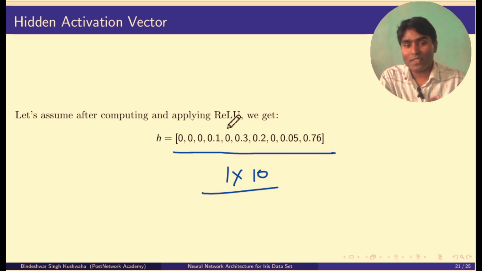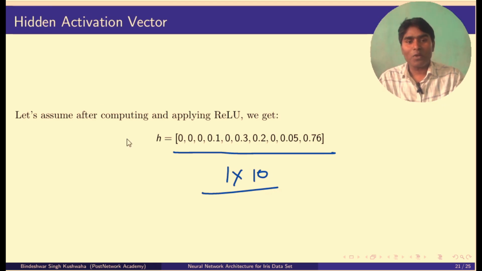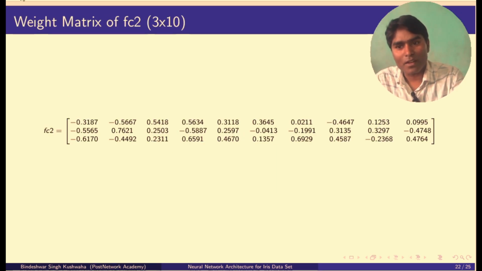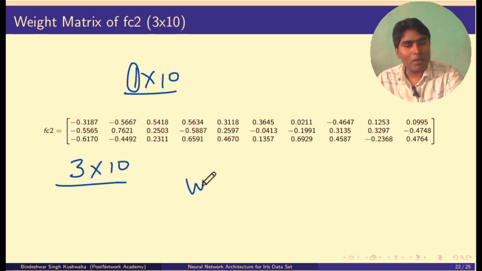Thereafter we have reached the hidden layer, but we need to reach the output layer. The second weight matrix was 3 cross 10, and we have got a 1 cross 10 vector.